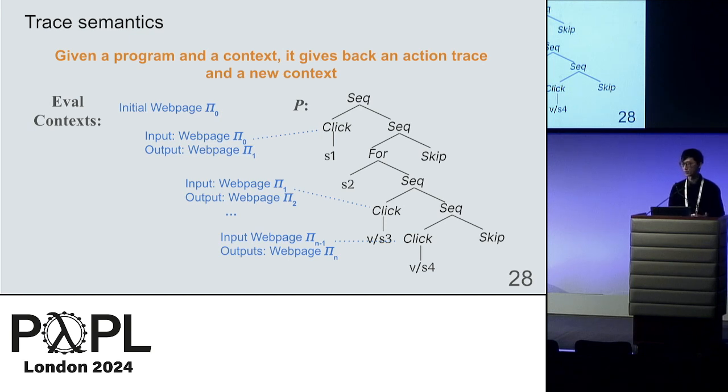All the actions being taken will be recorded as an output action trace. And most importantly, you may notice that there exists a data dependency. That is, one statement has to be executed under the context that is computed by evaluating its previous statement.